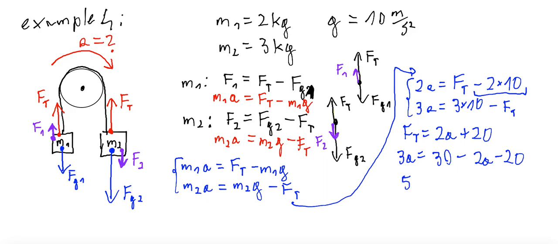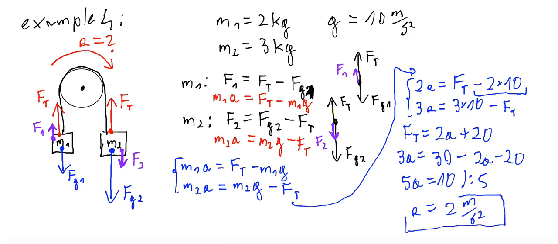So finally 5a is equal to 10. Is it clear? 3a plus 2a is 5a, 30 minus 20 is 10, so acceleration is 10 divided by 5, so 2 meters per second squared, and this is the answer. Acceleration of this system is 2 meters per second squared.